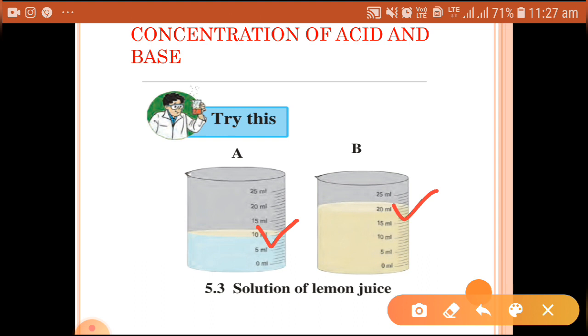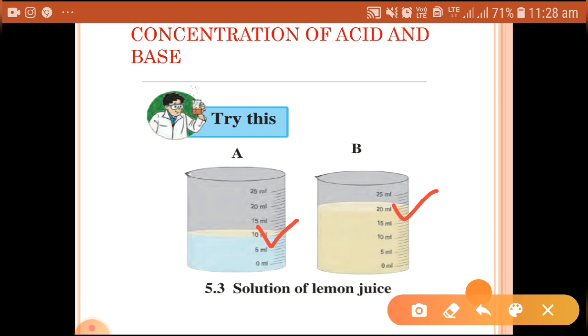Now you have to stir the solution in both the beakers and taste them. When you taste them, is there any difference in the taste of the solution in the 2 beakers? Yes, you will see a difference.